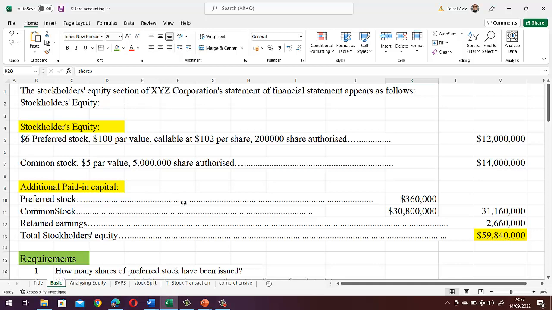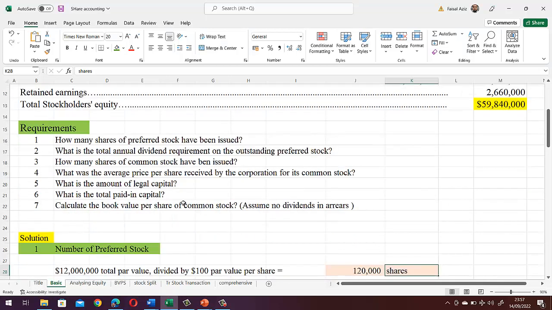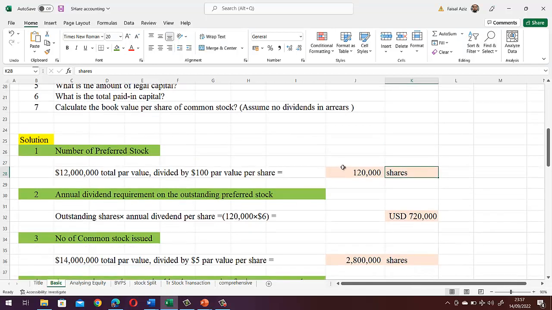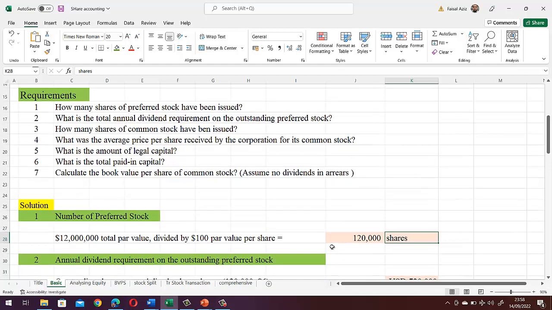So on each share the company will pay a $6 dividend. Since we know the total number of shares outstanding, we can multiply the per share dividend with the number of shares outstanding. So this will give us $720,000 dividend amount. So this is the second requirement.